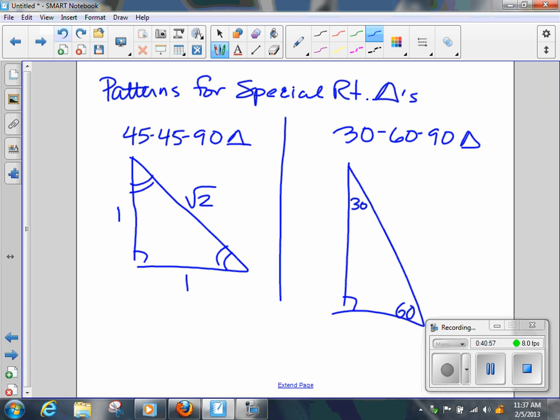We've already gone through all this. If the hypotenuse is 1, the short leg is 1/2. The long leg is short leg times square root of 3, 1/2 times square root of 3, which is root 3 over 2. Don't ask me how I know that. It's in your notes. Go back and look at it.